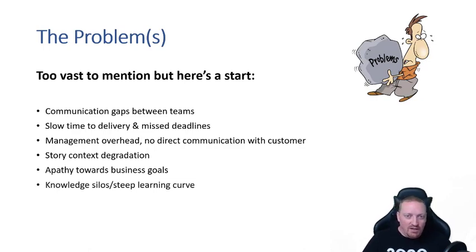And of course, this knowledge siloing, this is a big one here too. These teams are structured according to skills, but there's this tribal knowledge thing that starts to happen within those little domains that these teams are working on. And so to bring any new developer into those teams becomes a very steep learning curve, and the loss of any one individual on that team suddenly becomes very problematic to the progress of the team.